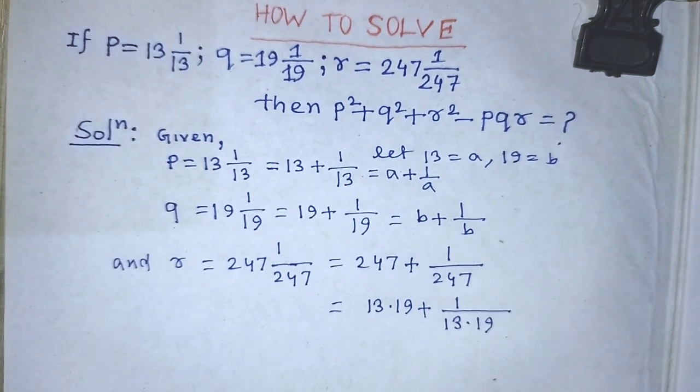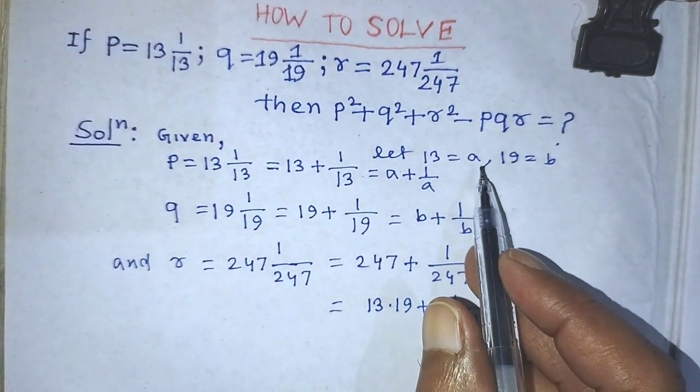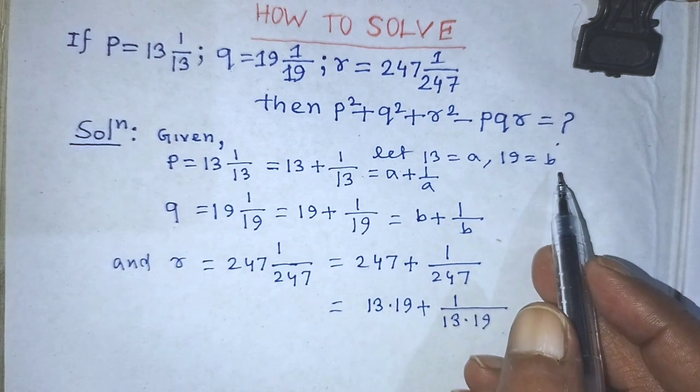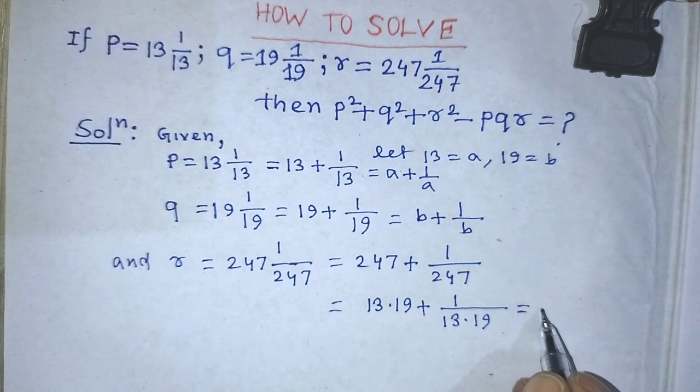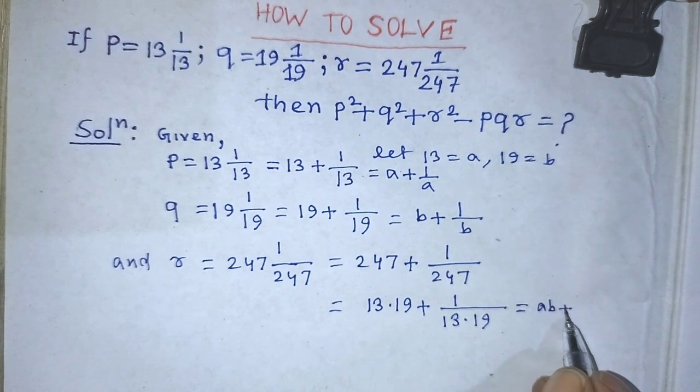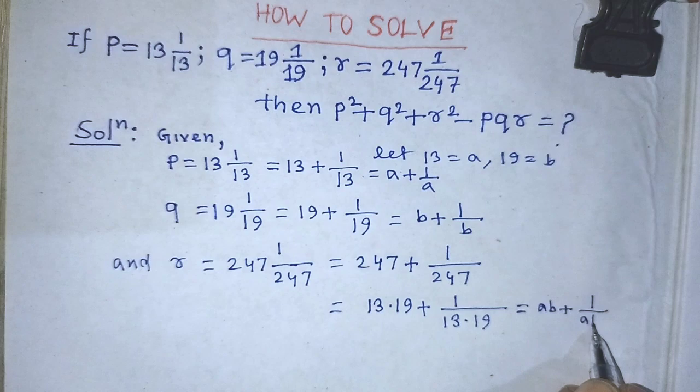So student, if you take 13 is equal to A and 19 is equal to B, so we can write from this algebraic expression A into B plus 1 over A into B.